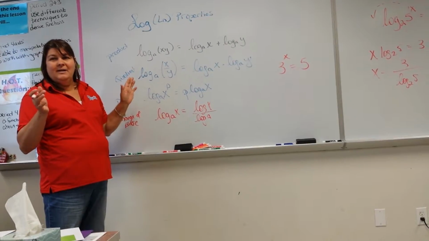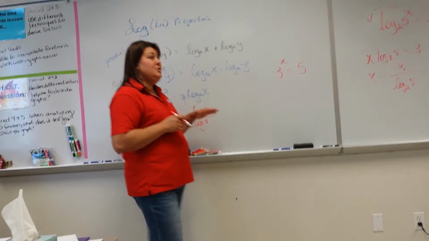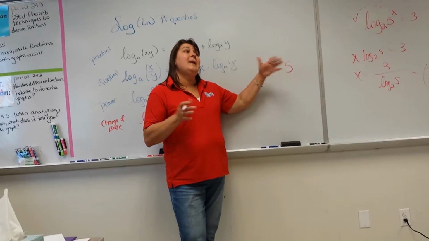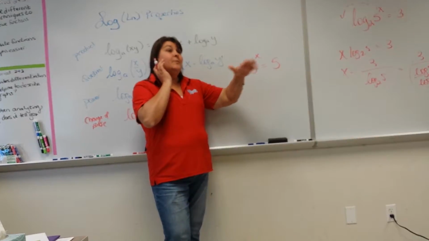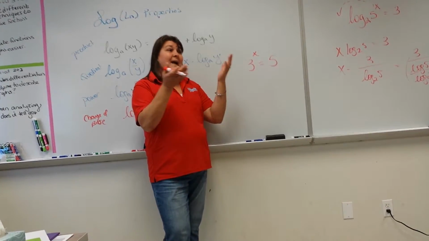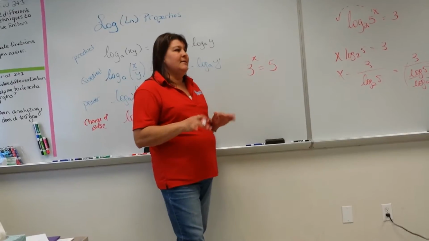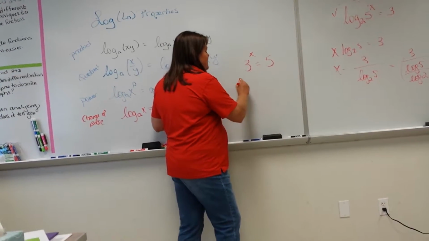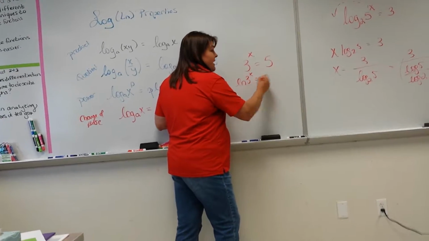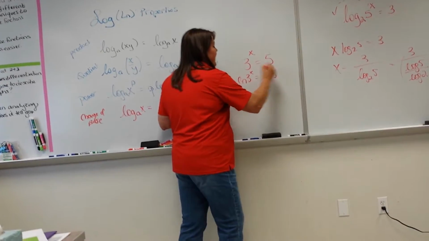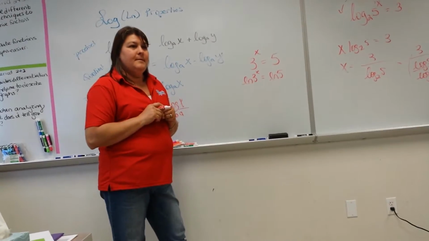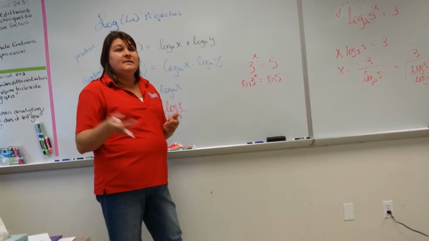But I don't have the word log or natural log, so I'd add them to both sides. I'm going to use natural log so you can see how it works. So I would say natural log of 3 to the x equals natural log of 5. Does that make sense? If I did it to one side, I did it to the other.